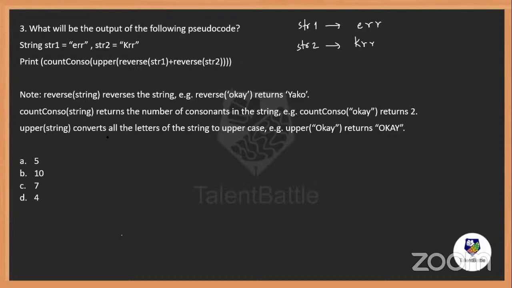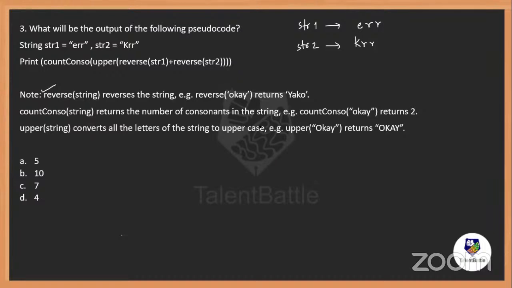And they have given some information about these functions also. The first is reverse. This function will reverse the string. For example, if we have the string Okay, it will return Yako. Then the count conso function will return the number of consonants present in the string.